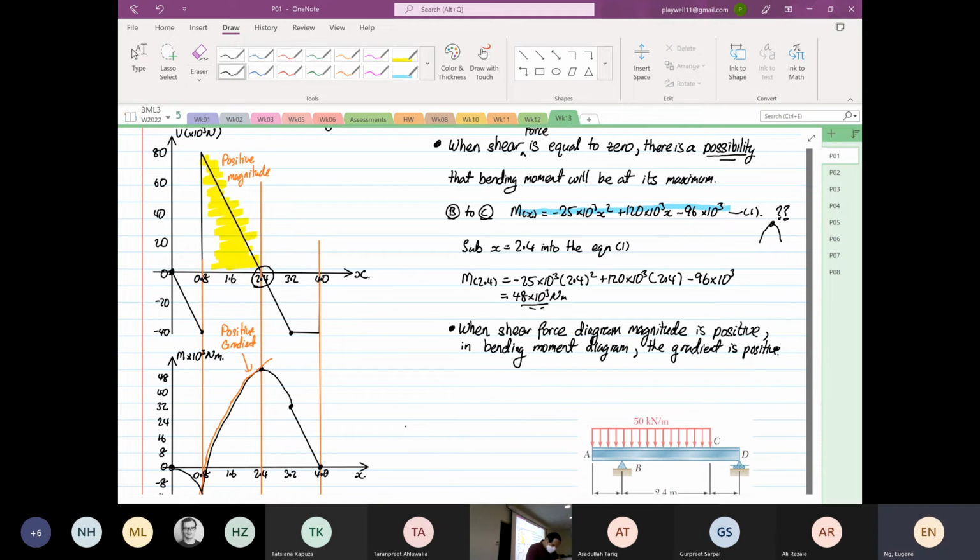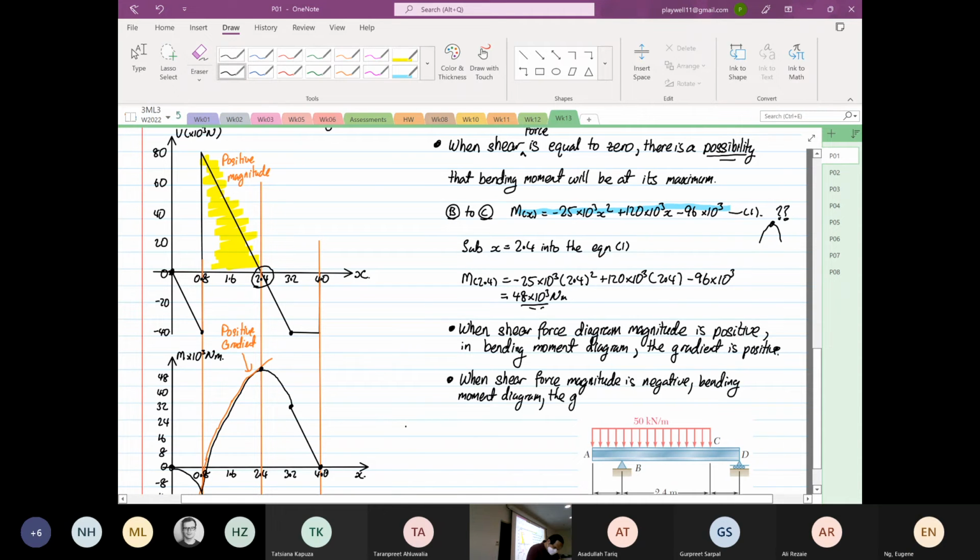So likewise, when the shear force magnitude is negative, the bending moment diagram gradient is negative also.